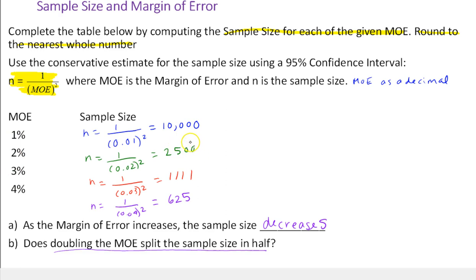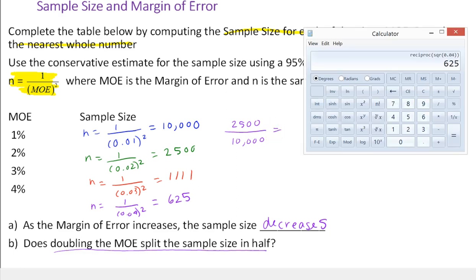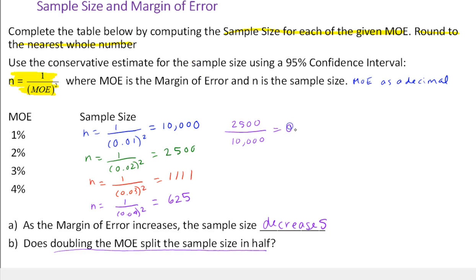You can see this is not half. 2,500 is not half of 10,000, but let's find the ratio and write it as a decimal. You may know what this is, but we'll do it on the calculator anyway. And we get 0.25. So in this case, doubling the margin of error, we needed a quarter of the sample size.